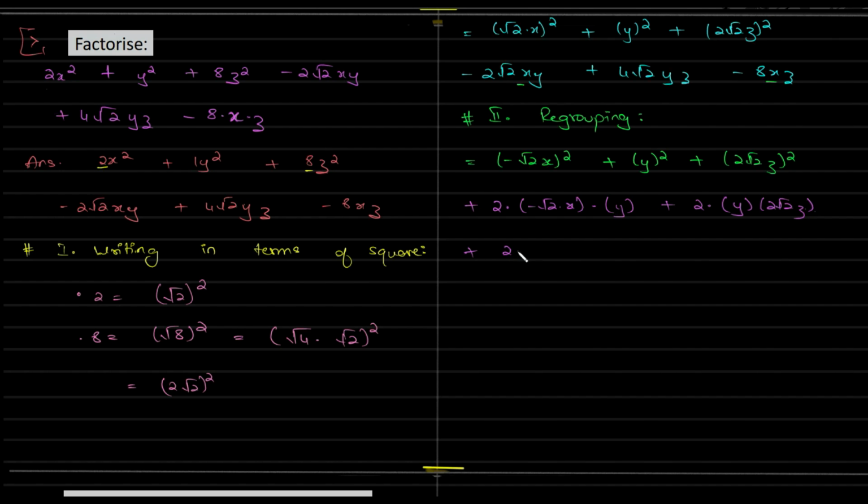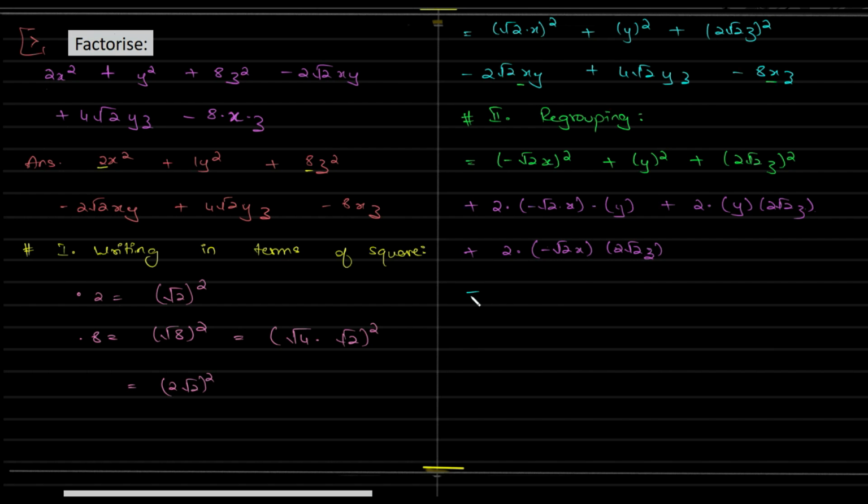Plus 2ac: plus into minus is minus, 2 into 2 is 4, √2 into √2 is 2, 4 into 2 is 8, correct. z and x, z and x. And we have the right expression.